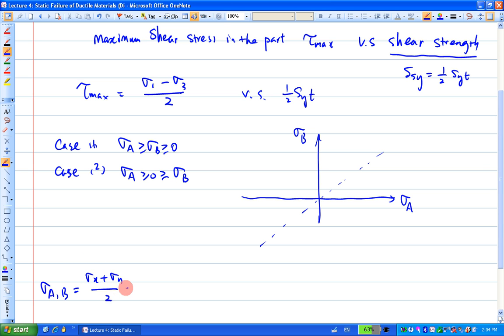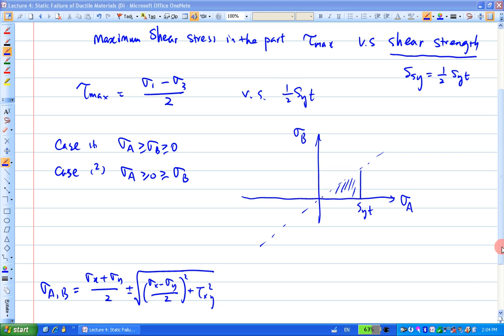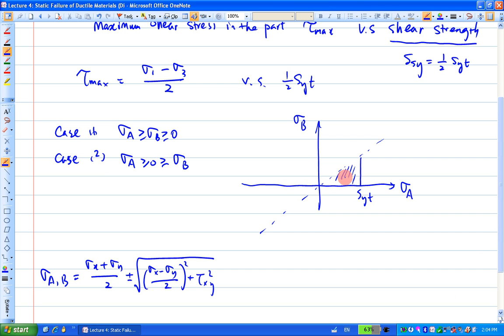So in the first case, it's somewhere over here, and when sigma A is greater than SYT, you have a failure. So the safe region is somewhere here. This is 45 degrees, so this line here is sigma A equal to sigma B.